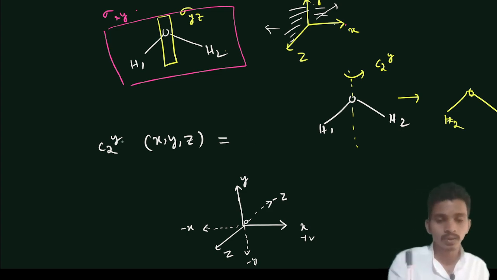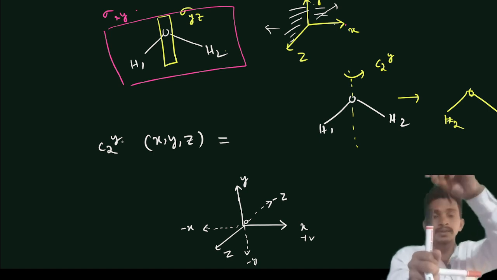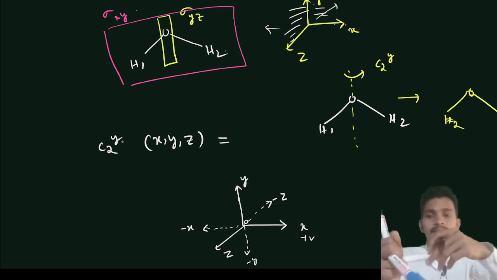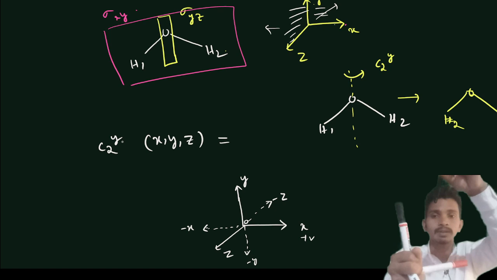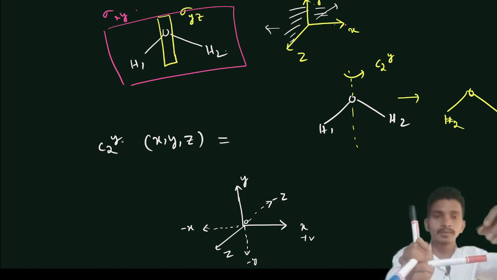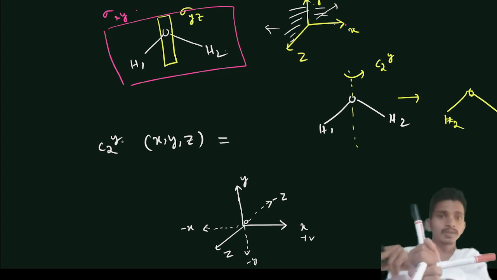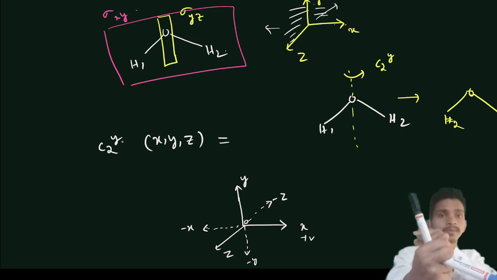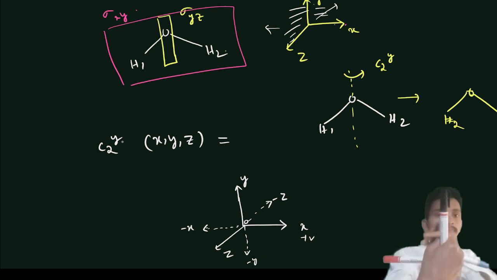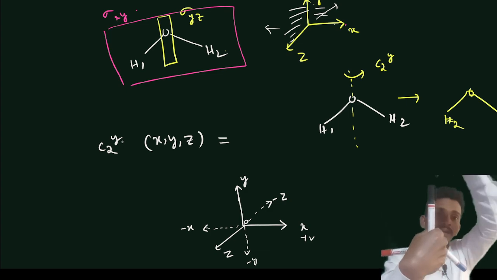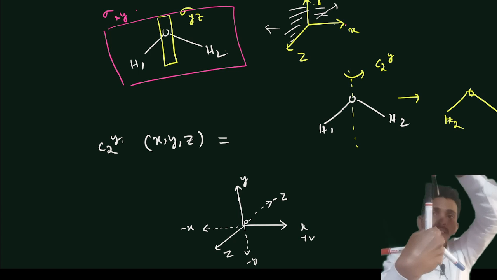So after C2 y, this axis remains as it is, because I am rotating through it. Whenever I'm rotating through it, this and this are changing, but this is not changing. Let's say I rotate 180 degrees, this side comes to the back, and this side comes to this side. But this axis remains as it is, because I am rotating through this axis.